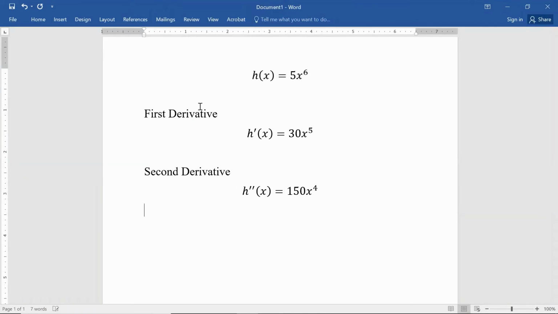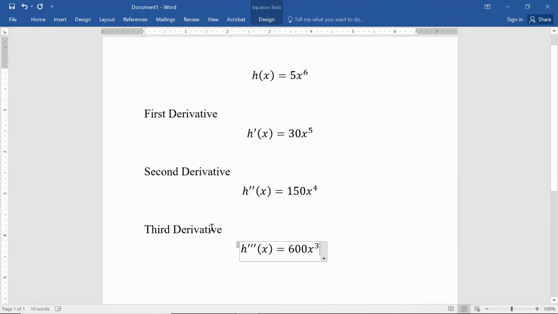The third derivative, h triple prime of x, equals 600x to the 3rd. That's what we found, so that's our notation.